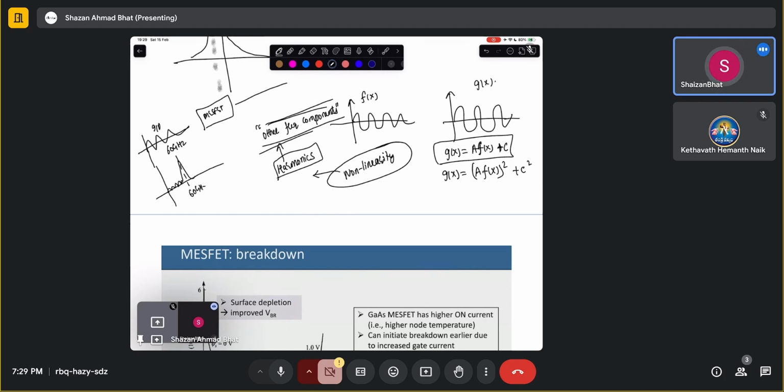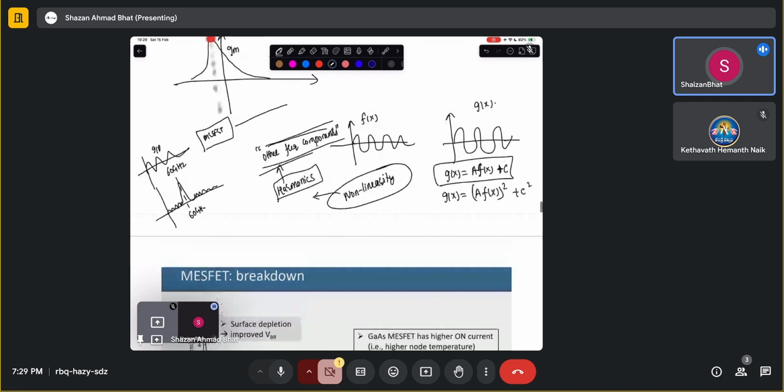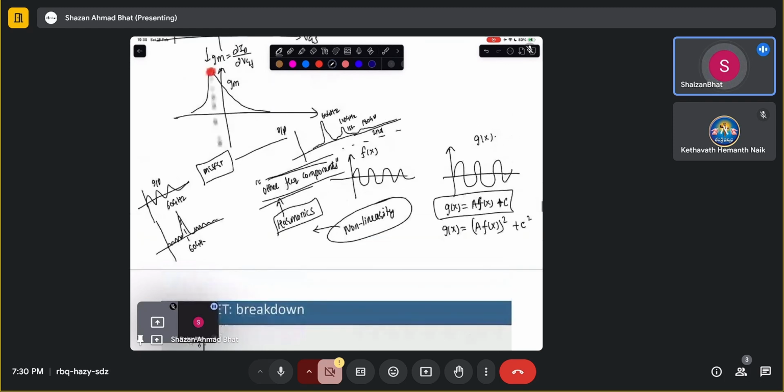Let's say the other components are negligible, but at the output you get a 60 gigahertz peak, then another peak here, then another, and so on and so forth. This will be maybe 60 gigahertz, this 120 gigahertz, this 180 gigahertz. So this is the first harmonic, this is the second harmonic, so on and so forth. This is something called harmonics.